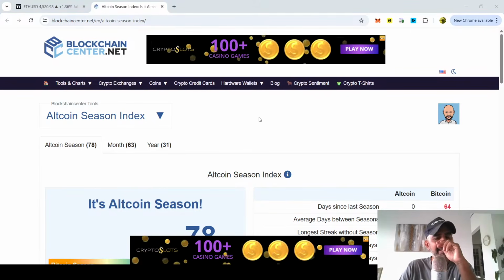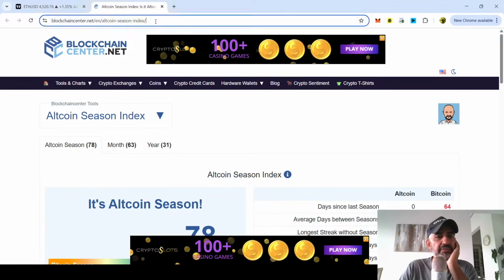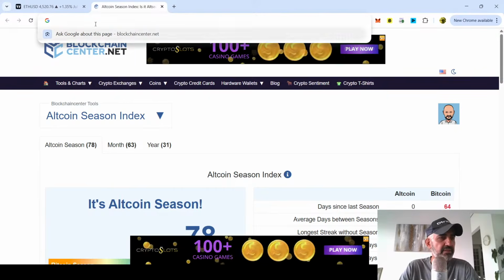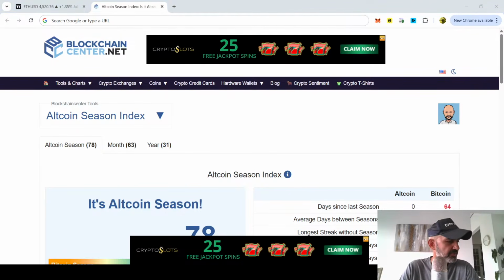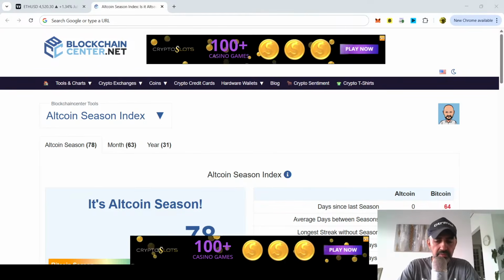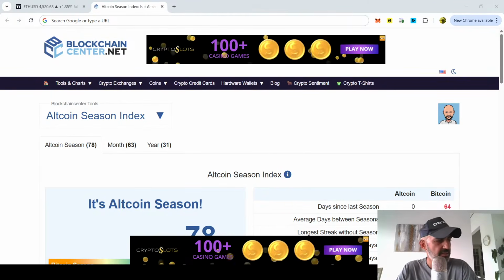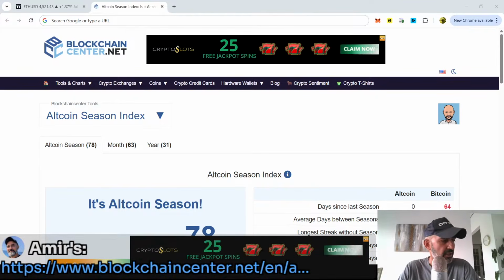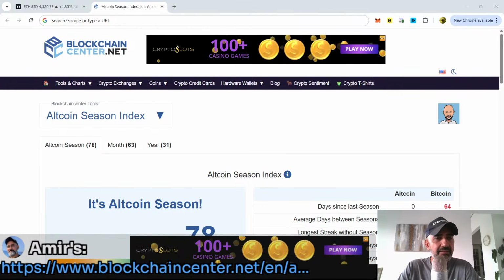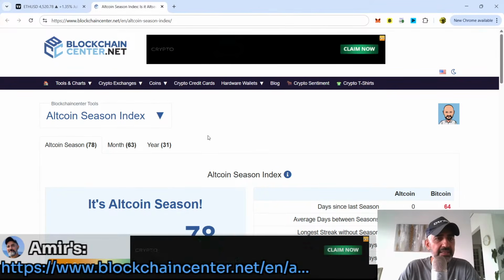Alt season index. This is really important. If you don't have this link saved in your bookmarks, then I'm just going to paste it now in chat. Let me see, it should pop up on the screen now. There it is. Well, it didn't pop up completely, but effectively, that's the link.